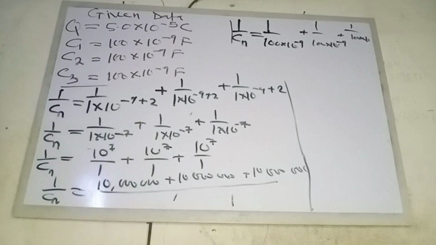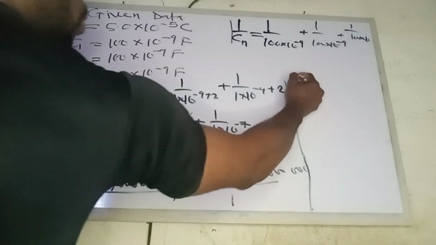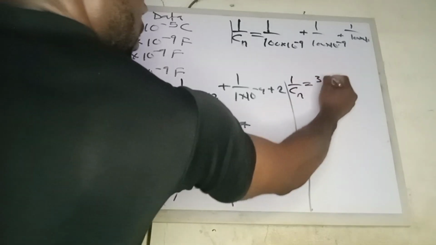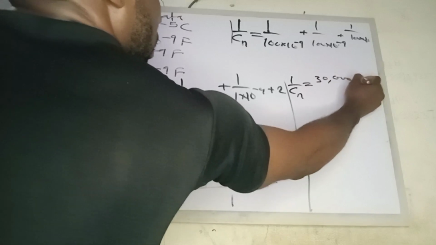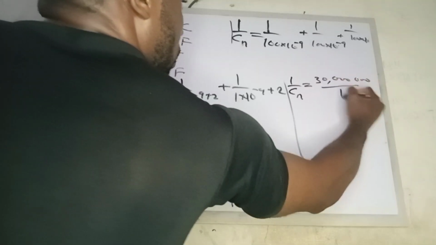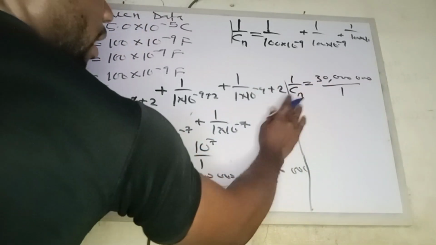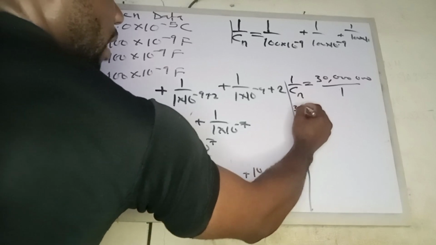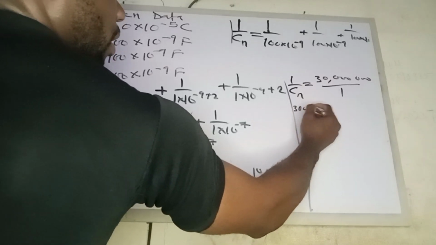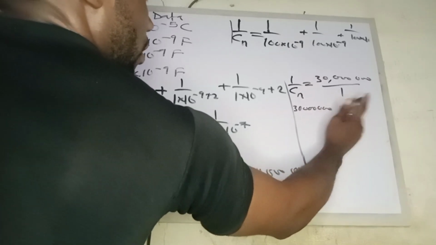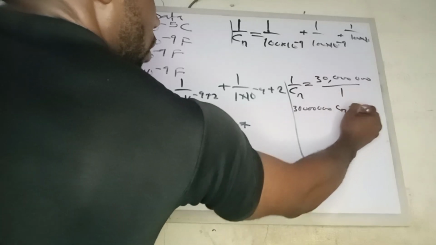Therefore, we have 1 over Cn equals 30 million over 1. At this point we cross multiply, so we get 30 million Cn equals 1.